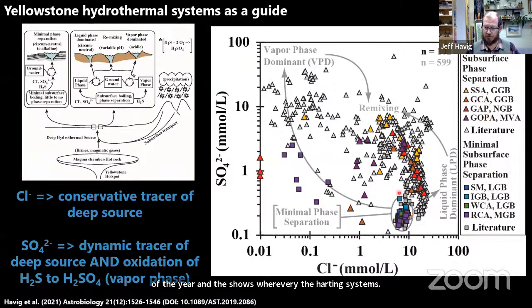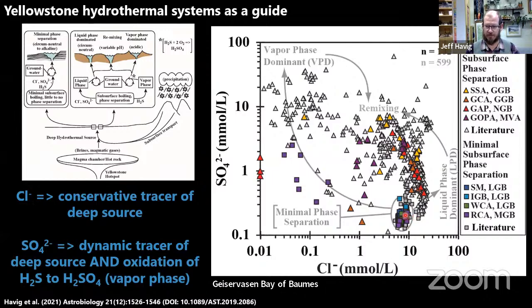But what I want to show you, so minimum phase separation, so where you have very little or minimal subsurface boiling, this is where all of those types of samples pile right there in that region. So all of your Grand Prismatics, Old Faithfuls, and Lower Geyser Basin, Upper Geyser Basin types of hot springs, which many people think of as typical, they all fall in this tight little cluster.